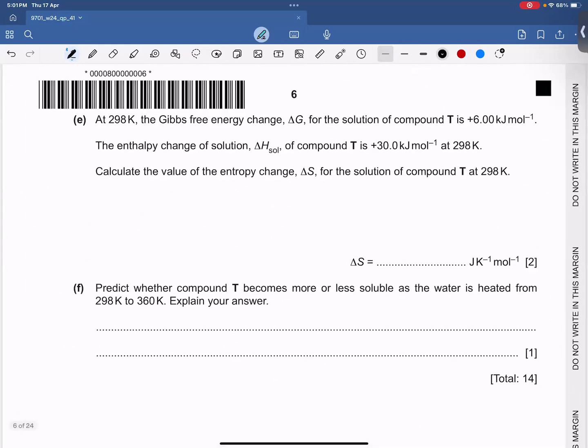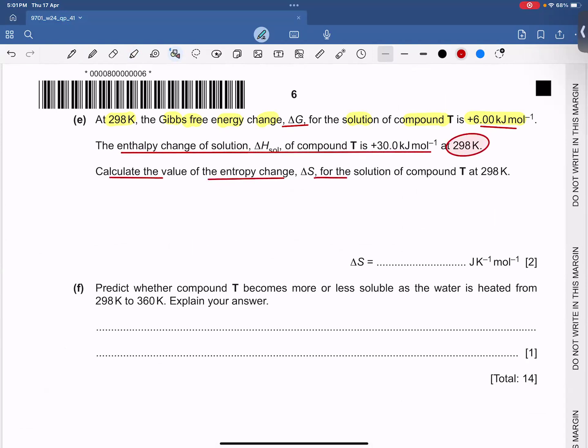Next, at 298 Kelvin, the Gibbs free energy change for the solution of compound T is given. So we know the Gibbs free energy value. The enthalpy change of solution of compound T is given, temperature is given.